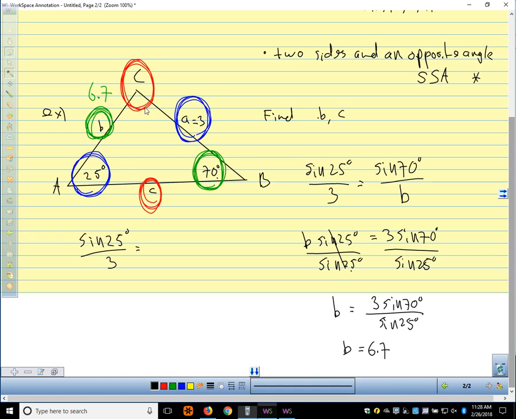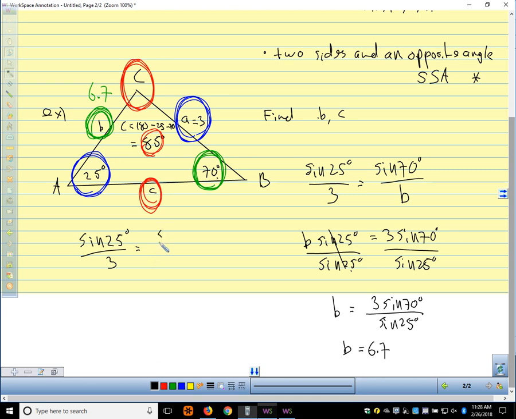We have two of the angles in the triangle, so we can figure out angle C. Angle C is 180 minus 25 minus 70. All the angles have to add up to 180. So I add 25 and 70 and subtract from 180, and I get 85 degrees. So that's what I'm going to use in that ratio.